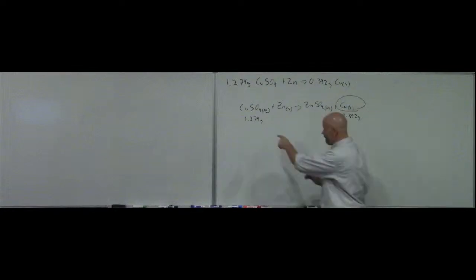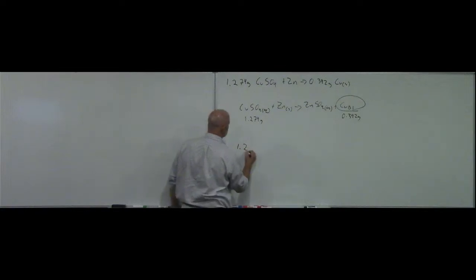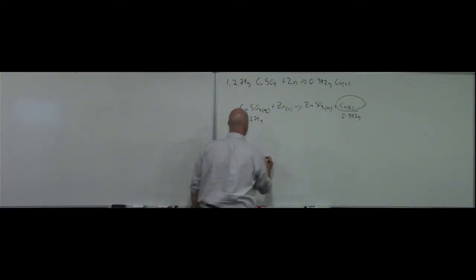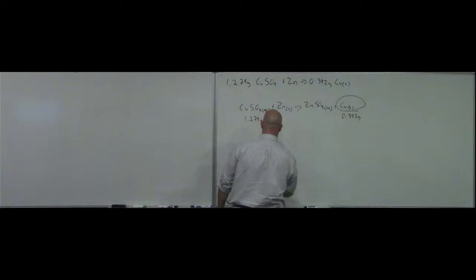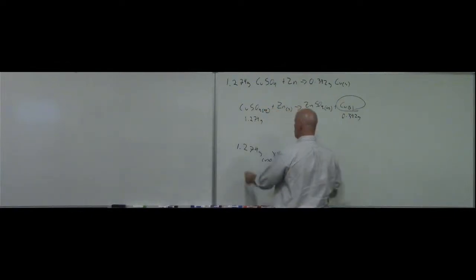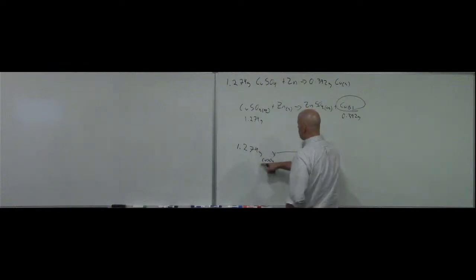So I'll begin here with this. 1.274 grams of CuSO4 times, and I need to multiply it by its formula mass, right? So I need mass on top here, I need it on the bottom. I need the formula mass for copper sulfate. If you guys could do that for me. 1 mole of copper sulfate.